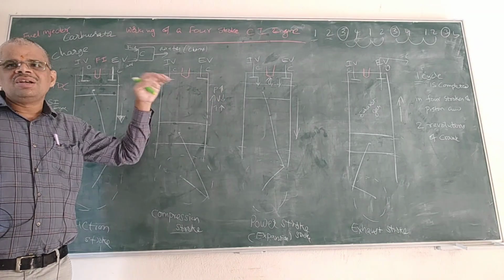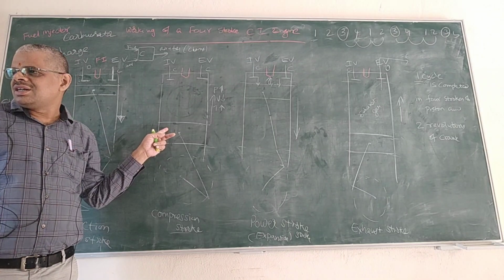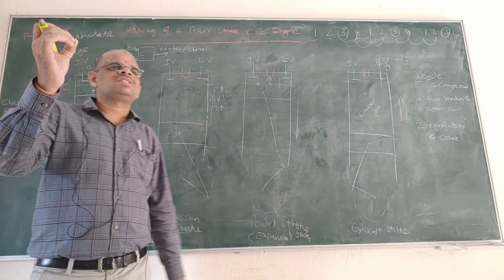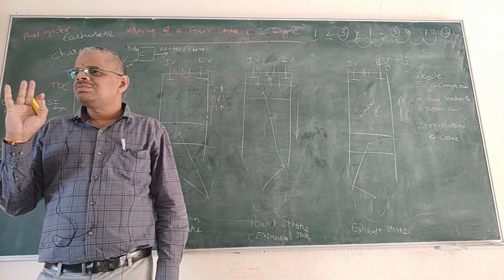In the previous case both fuel, the petrol plus air mixture, is compressed in SI engine, but here only the air is compressed, so that the air pressure is high as well as the temperature is increased.